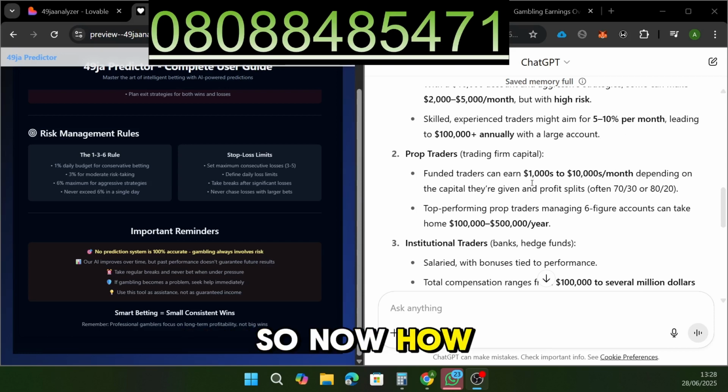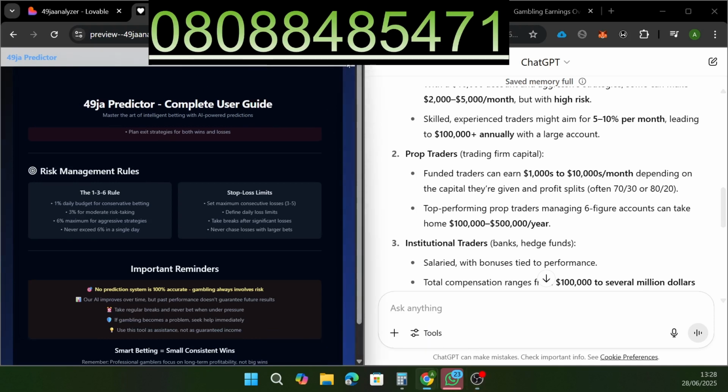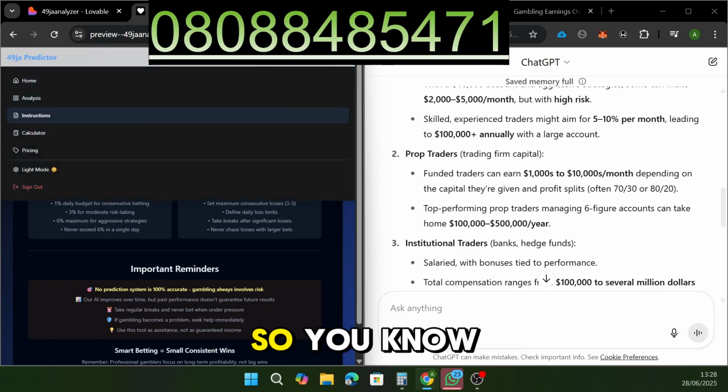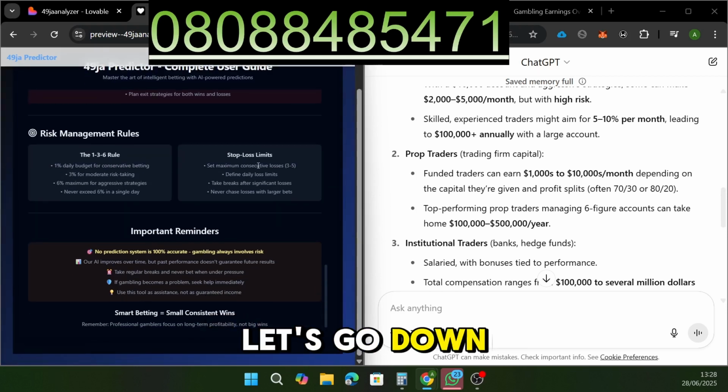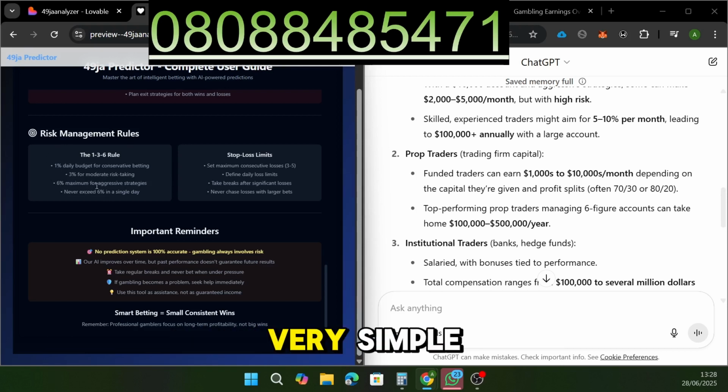Now, how do you calculate? I know you'll be asking that. So let's go to the calculator. Let me explain these risk management rules for you. Basically, it's very simple.